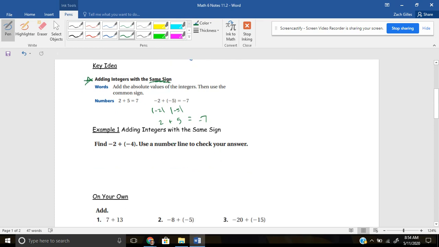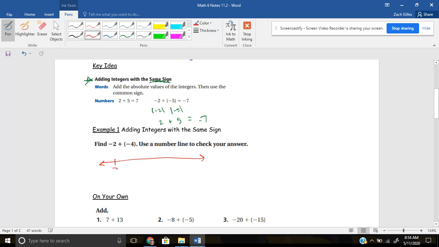It says find negative 2 plus negative 4 and use a number line to check your answer. So let's make a number line here. Sorry, it's not the straightest.